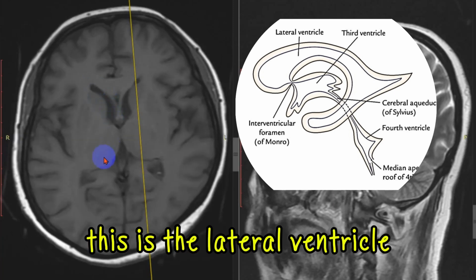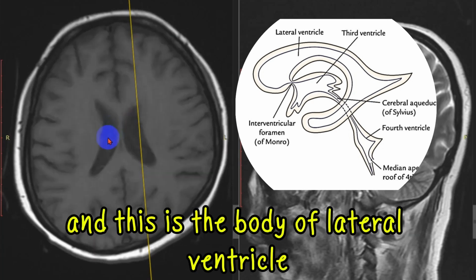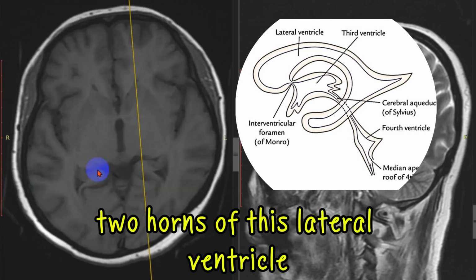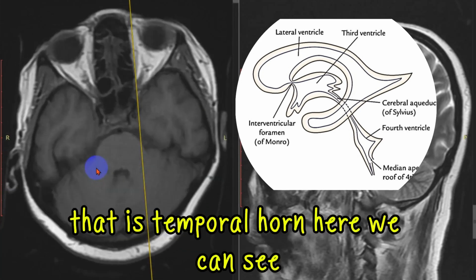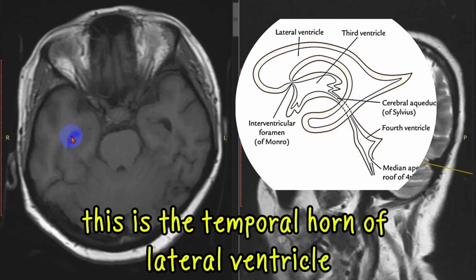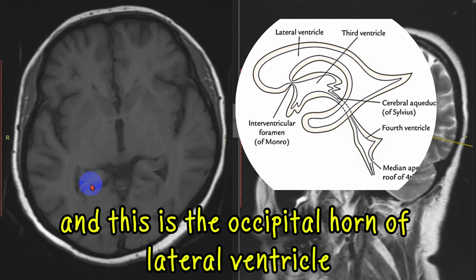This is the lateral ventricle, this is the frontal horn of the lateral ventricle, and this is the body of the lateral ventricle, and there are 2 other horns of this lateral ventricle. Here we can see this is the temporal horn of the lateral ventricle, and this is the occipital horn of the lateral ventricle.